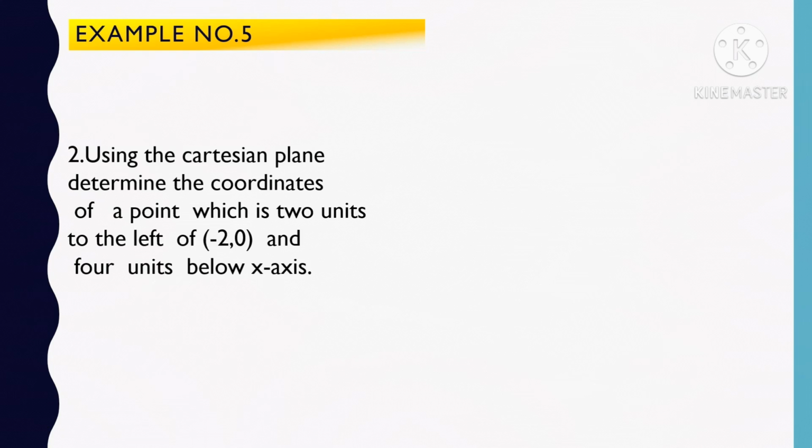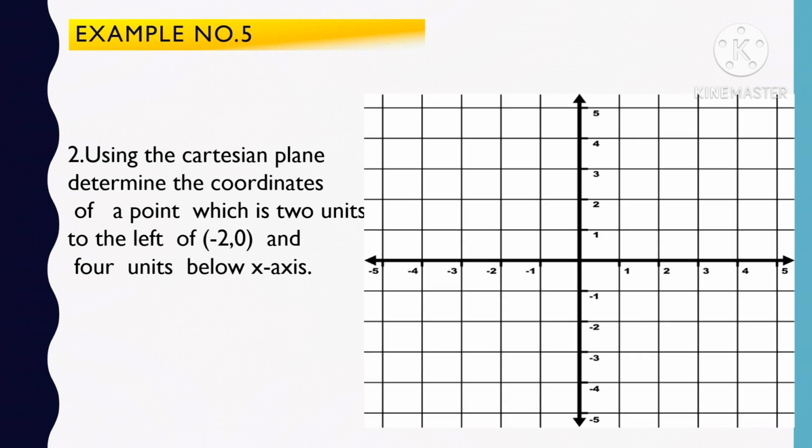Example number 5. Using the Cartesian plane, determine the coordinates of a point which is 2 units to the left of negative 2, 0 and 4 units below x-axis. Now look, our starting point here is negative 2, 0. And it says that we are going to move 2 units to the left. 1, 2.